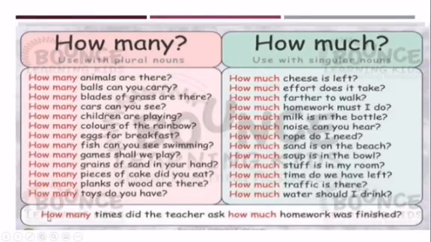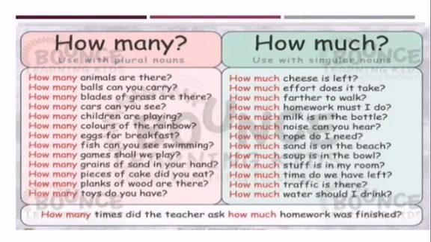And when we talk about time, if we're counting the times you do something, you can count them. For example, how many times did the teacher ask how much homework was finished? How many times? So you can use how many with times when you're talking about, in Spanish, número de veces.